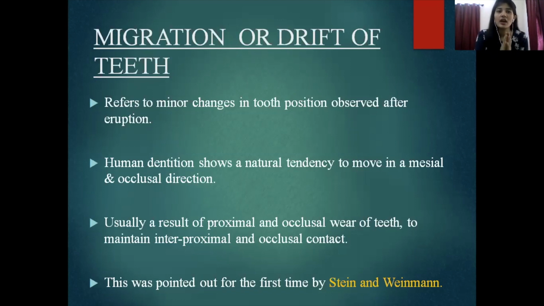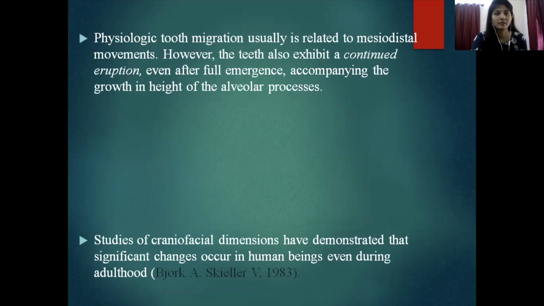The migration and drift of the tooth in the occlusal as well as the mesial direction, because of the forces acting occlusally and mesially, is the reason for the drifting of the tooth after its eruption. This was first explained by Stein and Penman.